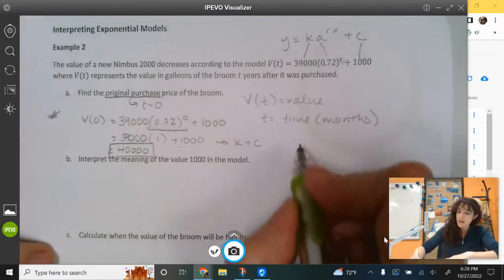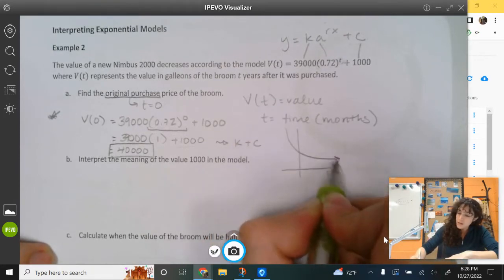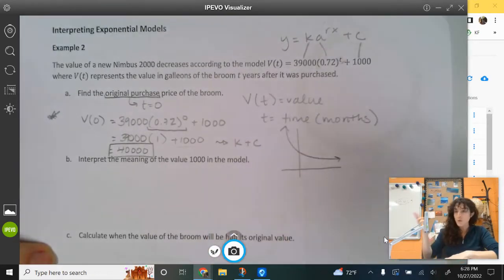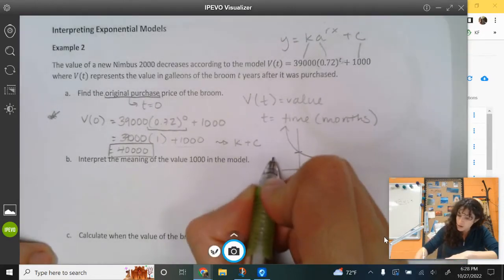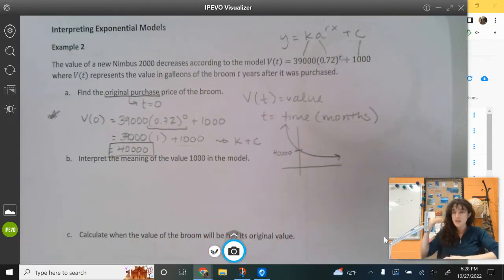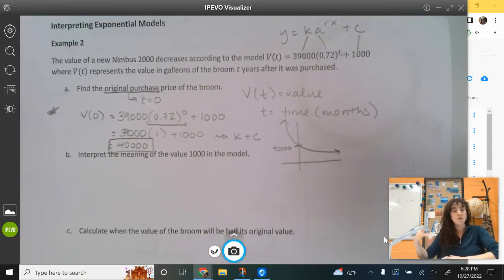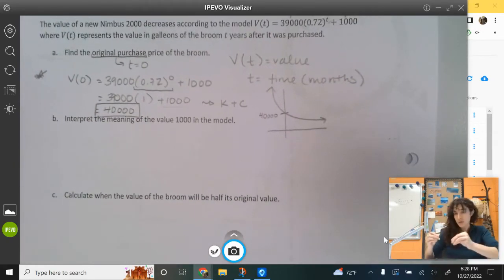So I can tell you right now that this is a decreasing exponential function, based off of what we did before. And I know that the y-intercept, the initial value, is at 40,000. So these are all important things to keep in mind. What does this look like visually? What am I finding? What does this mean? Making all of these connections between the different perspectives is how you become a better math student.